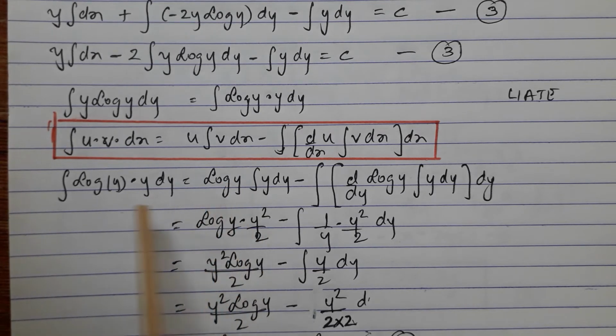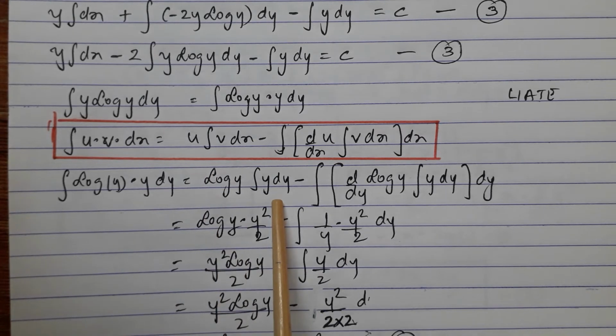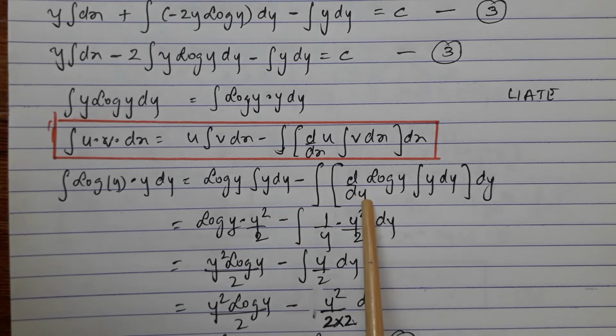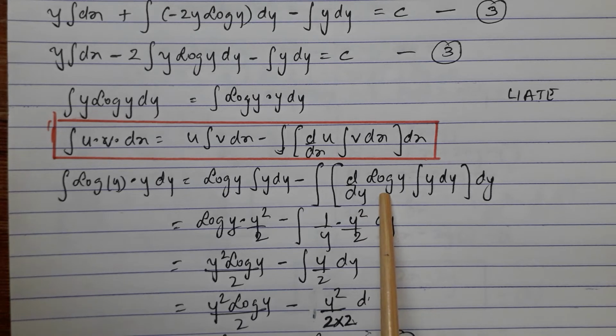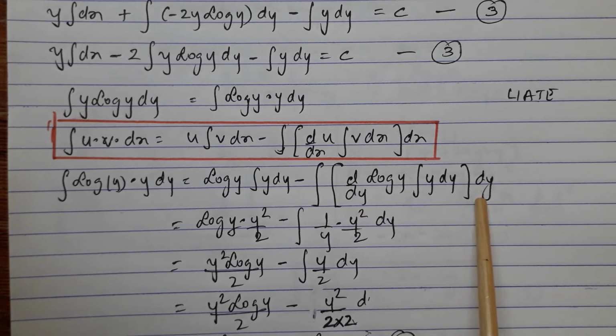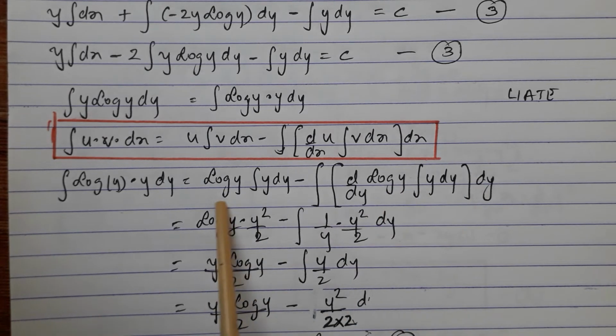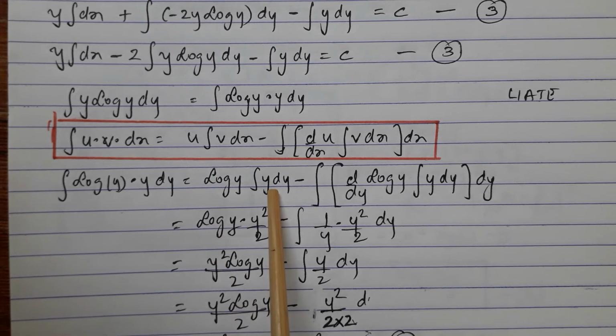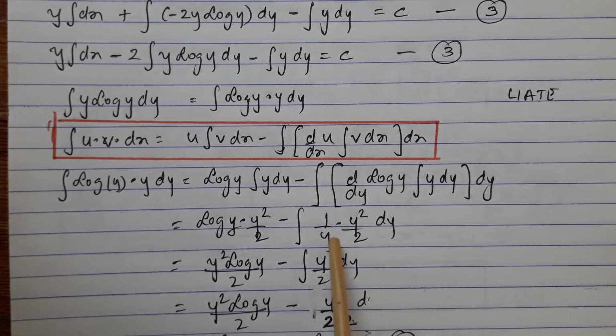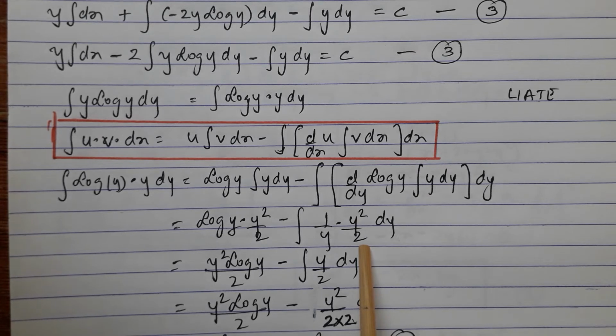Now this would be log y integral y dy minus integral of d by dy of log y, integral y dy, into dy. So here log y is as it is, integral of y would be y square by 2, minus integral, derivative of log y is 1 upon y, and integral of y is y square by 2.